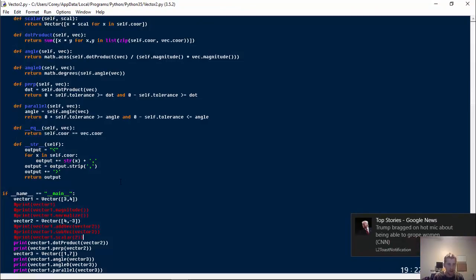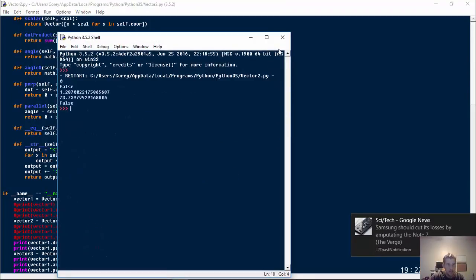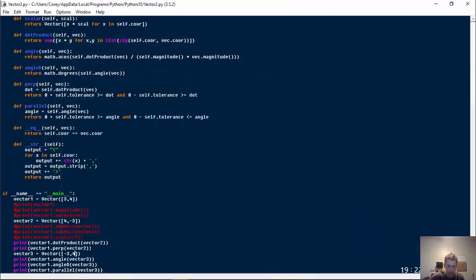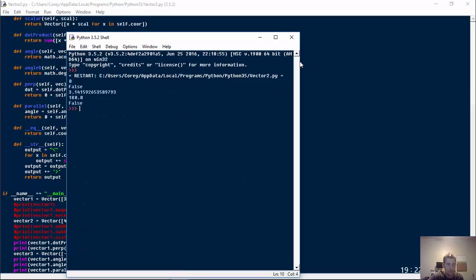Oh, let's make them anti-parallel. Let's see if that works. What if we go -3, 4? Does that make them anti-parallel? I forget. Let's check. It doesn't. Let's put -4 there. Does that make them anti-parallel? Yeah, it's 180 degrees between them.